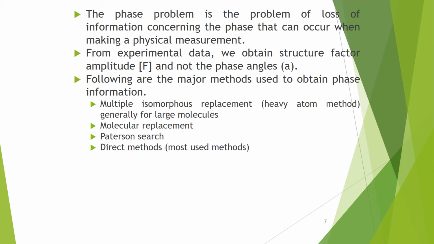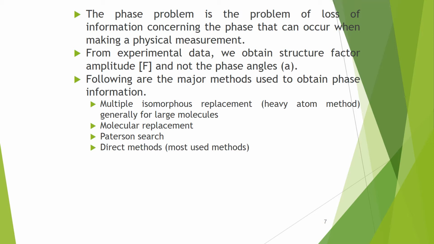The phase problem is the loss of information concerning the phase that can occur when making physical measurements. For experimental data, we obtain the structure factor amplitude F, but not the phase angles. Following are the major methods used to obtain phase information.